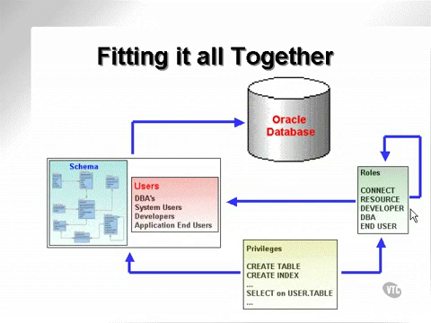That role is called developer. So the developer role could have two roles assigned to it, namely connect and resource. This is how it all fits together. We have privileges assigned to roles and users, roles assigned to users, and users contained within the database.